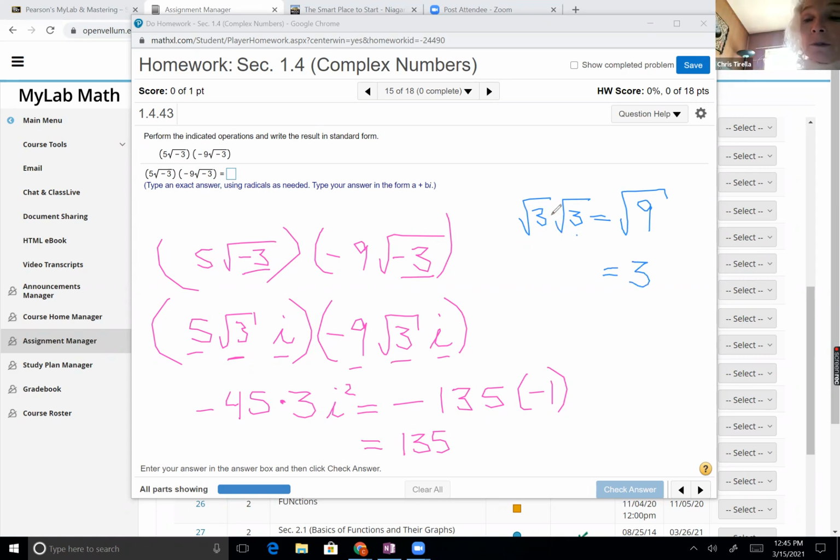Or we can also say that when I multiply a radical by itself, it's like squaring the radical, and it undoes that square root. So the square root of 3 times the square root of 3, or the square root of 3 squared, would just equal 3. Better?